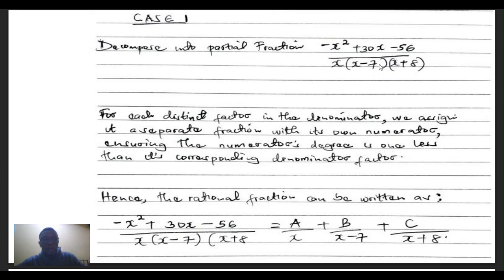In our case, our rational fraction can be written as negative x squared plus 30x minus 56 over x(x minus 7)(x plus 8), which equals A over x plus B over x minus 7 plus C over x plus 8.